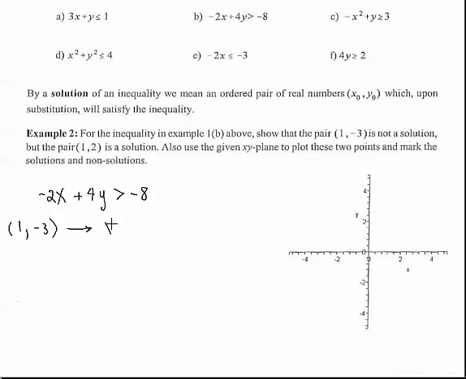we read the ordered pair as x being 1 and y being a negative 3, and we replace the variables in the inequality with these numbers: 1 for x, negative 3 for y, and we want this quantity on the left to be greater than negative 8.